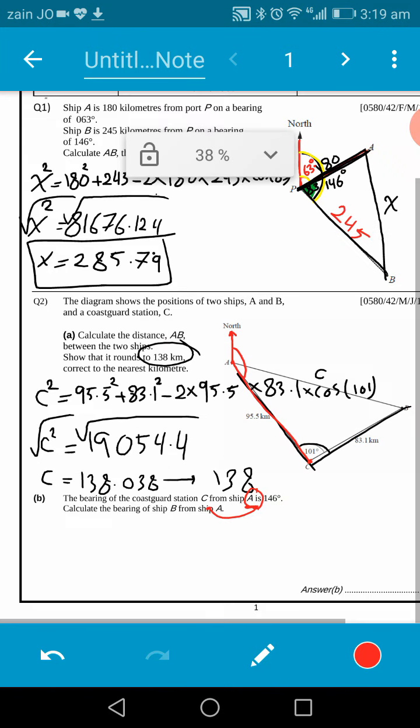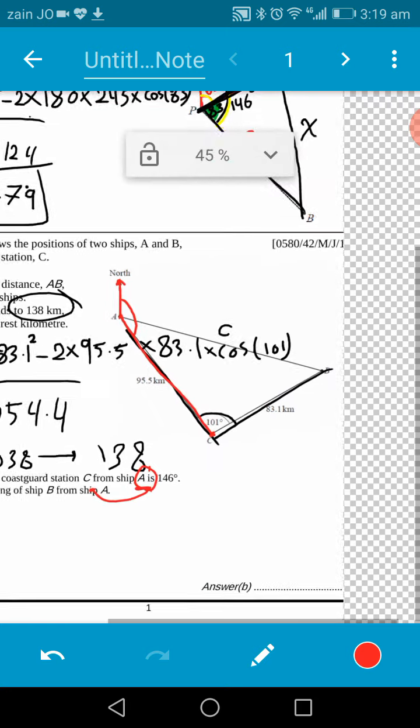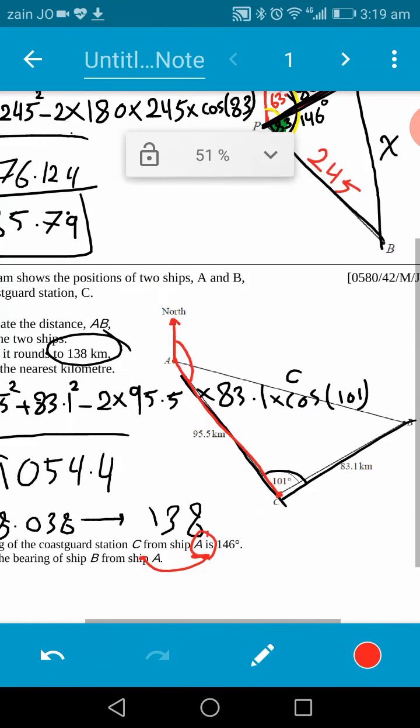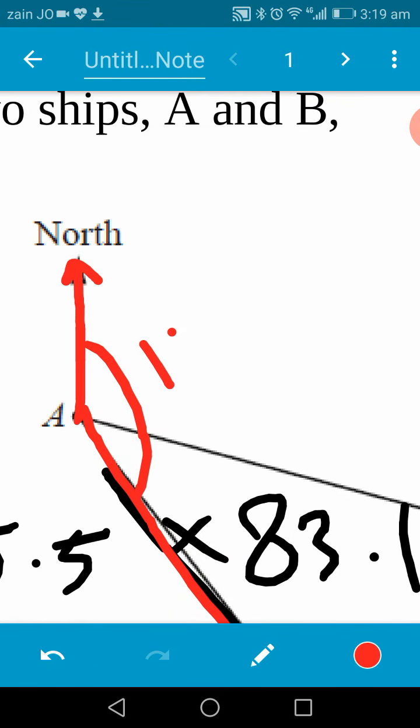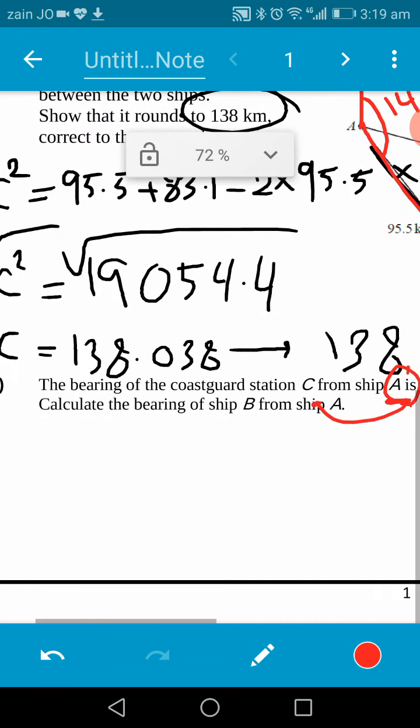This angle is given: 146 degrees. Okay. What do we need?